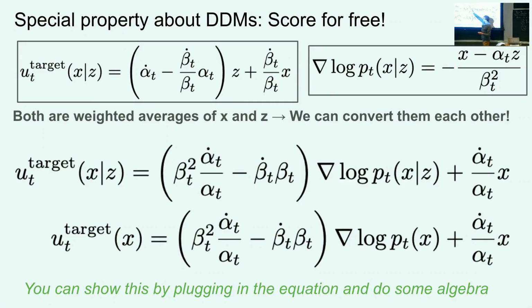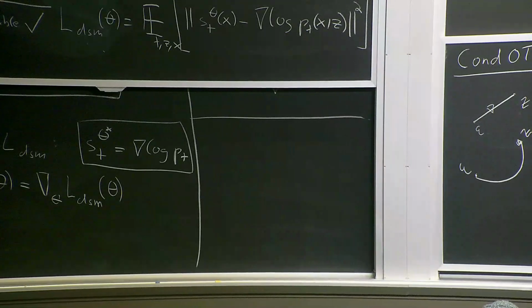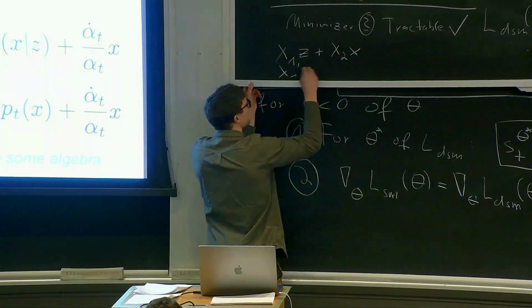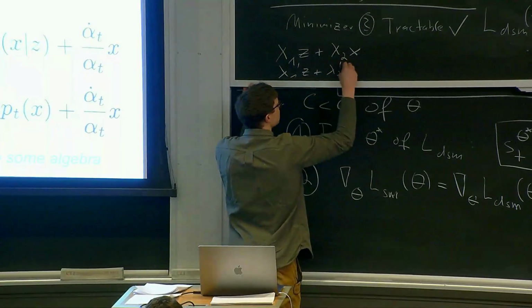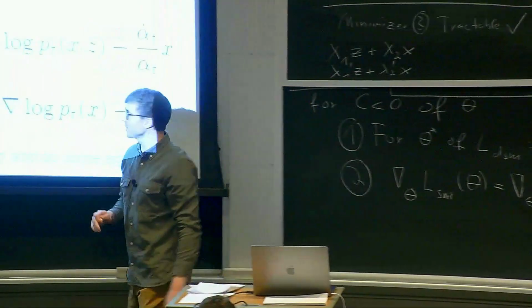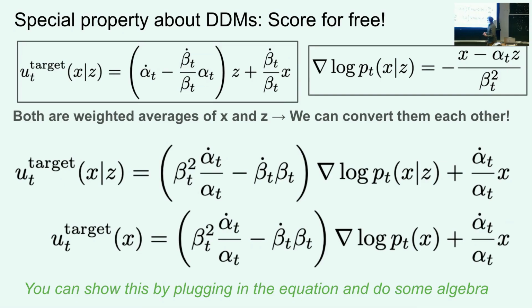Both of them have a formula of the form lambda 1 times Z plus lambda 2 times X, and the other one has lambda 2 times Z plus lambda 2 times X. There are specific coefficients there, but let's ignore them for now. And this has an implication, that we can convert them into one another.